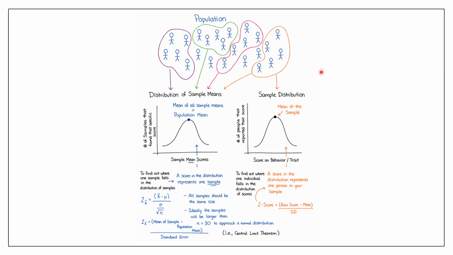Many times we're not going to have access to the entire population, either because logistically there is no way that we can actually identify every single person that belongs to that population, or because it takes a lot of time and resources and we typically do not have those resources.